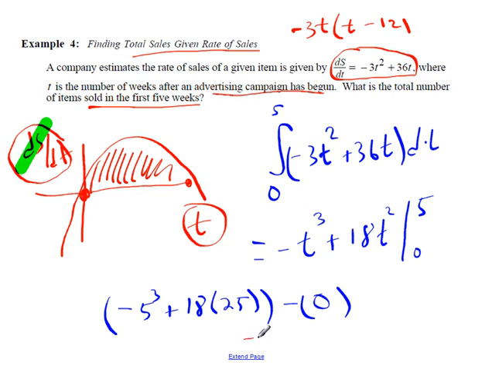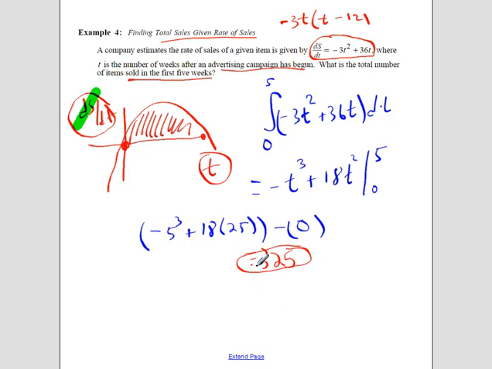Okay, so that's the math, but now we need to tie in the theory and the math. So this is by adding up all of the little sales, the rate at which we're selling things. If we add up all of those little rates of selling, so little rectangles here, what we get back is the sales after 5 weeks minus the sales after 0 weeks.